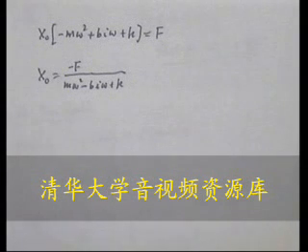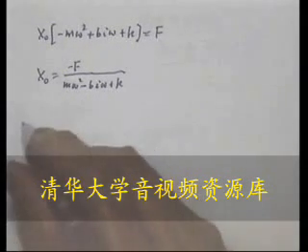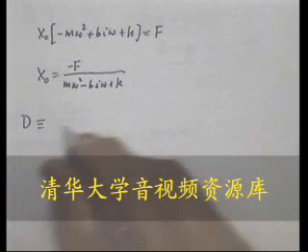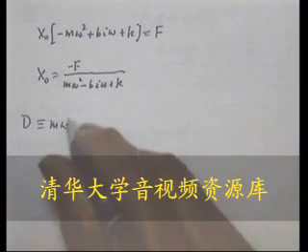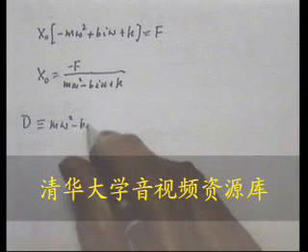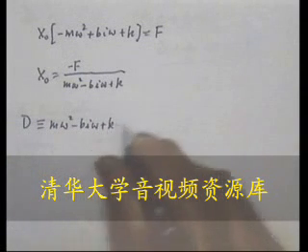To understand what this complex number looks like, let's call it D, defined to be minus m omega squared plus b i omega plus k.